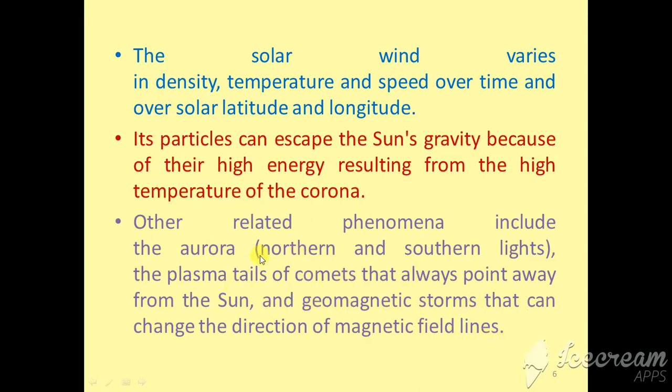We know aurora borealis and aurora australis, the bright light at the northern and southern poles. The plasma tails of comets always point away from the sun; this happens due to the strong solar winds. Solar wind can also affect the Earth's magnetism.